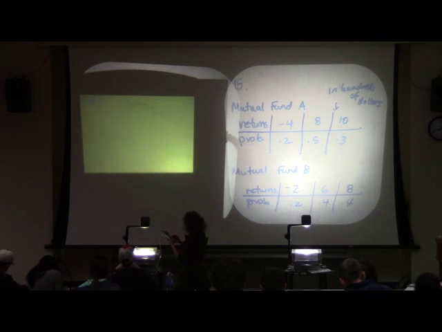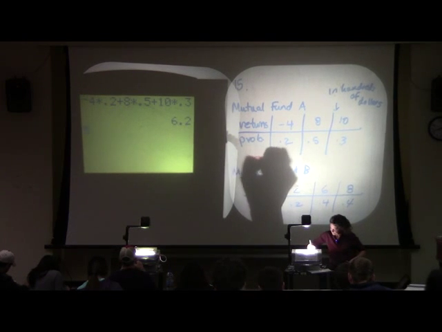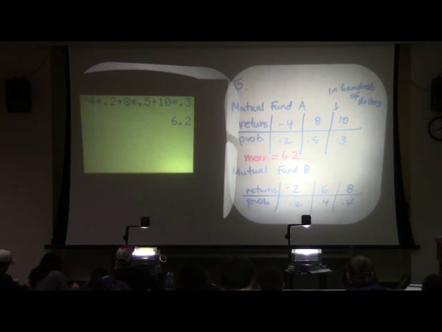We have -4 times 0.2, and please use your negative sign and not your subtraction sign, plus 8 times 0.5 plus 10 times 0.3, so we get 6.2. In other words, the expected return for mutual fund A is $620. You guys with me there?